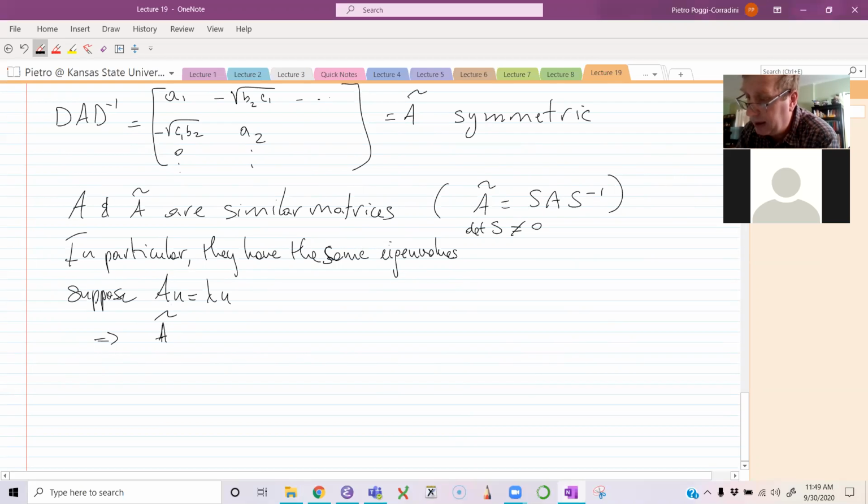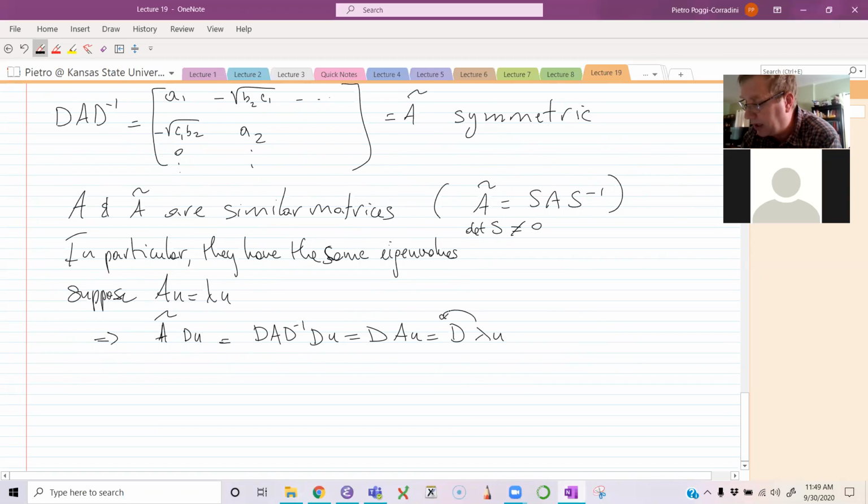So then it's D A D inverse. So I'm going to apply that to Du. They have the same eigenvalue, but not the same eigenvectors. Yeah, the eigenvectors are shifted by D. And so then this is going to be D A D inverse Du, which is DAu, which is lambda u.